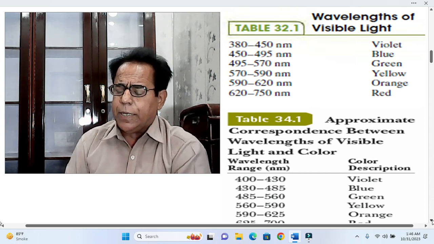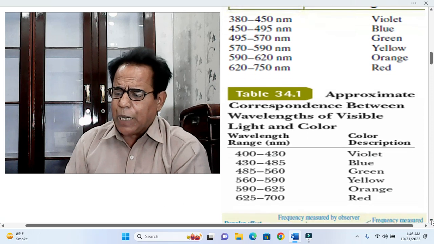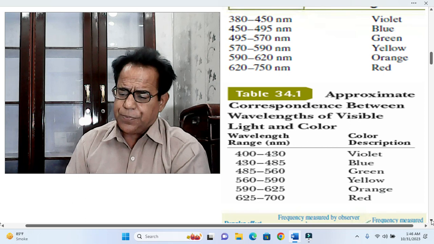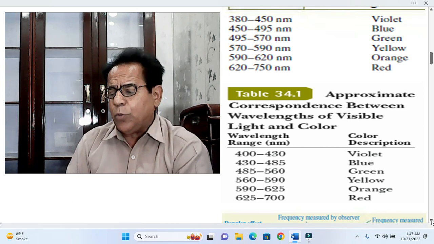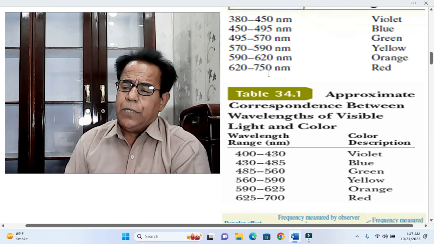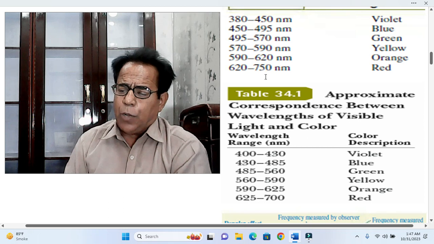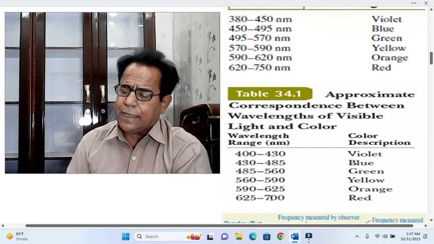The second snapshot is the alternate version of the first. Here again from violet to red. However, for red it is described that the wavelength is from 625 to 700. In the first snapshot the boundary line is 750 while in the second it is 700.